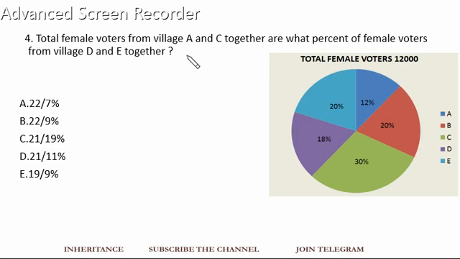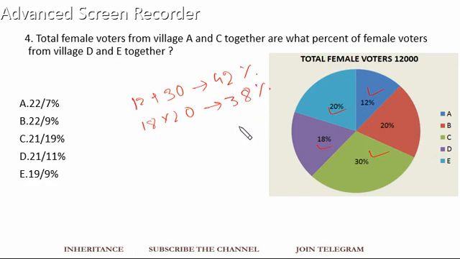Total female voters from village A and C together are what percent of female voters from village D and E together? Village A and C: 12 and 30, total 42%. Village D and E: D is 18%, E is 20%, so 18 plus 20 is 38%.